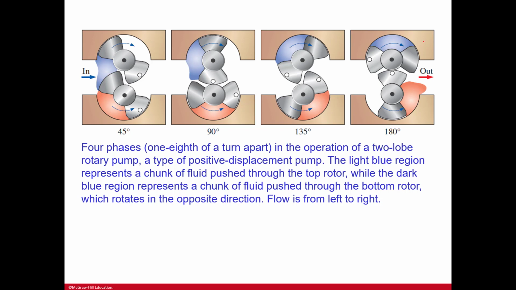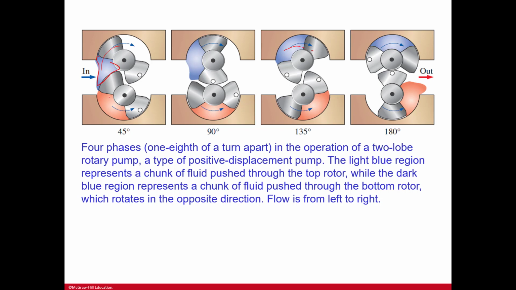So here's a 4-phase sequence, 1/8 of a turn apart, in the operation of a 2-lobe rotary pump, a type of positive displacement pump. The light blue region represents a chunk of fluid pushed through the top rotor. So it's going in, and then it's going up and around and around, right?